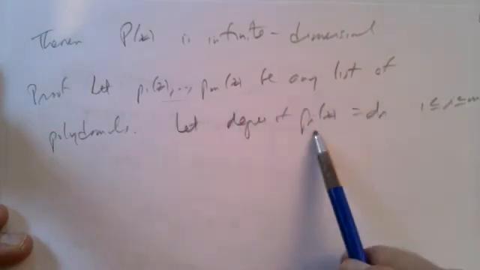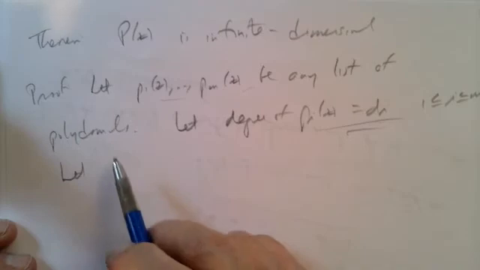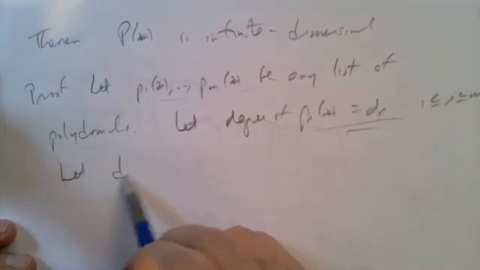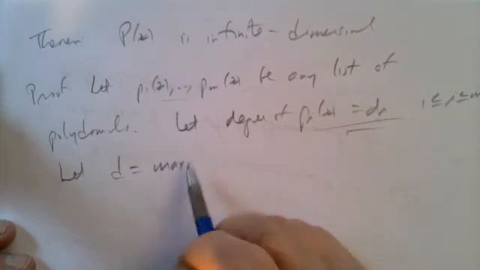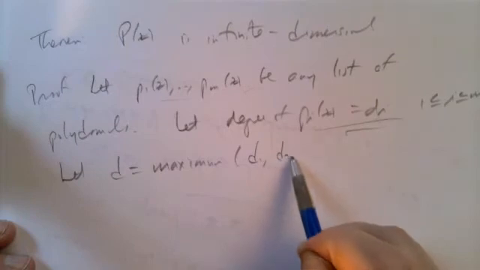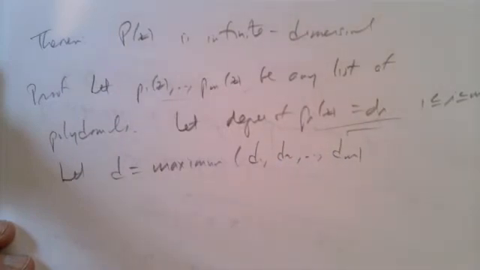So every polynomial has a degree, and let d sub i be the degree. This is a finite set of integers. So let d be the maximum of the degrees of my polynomials.